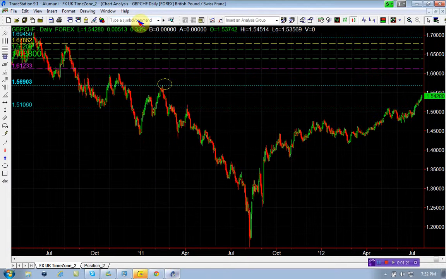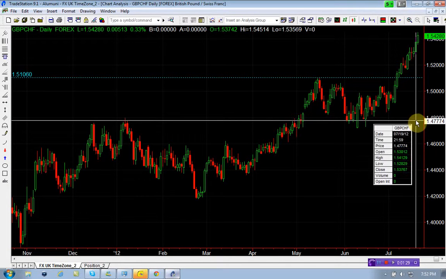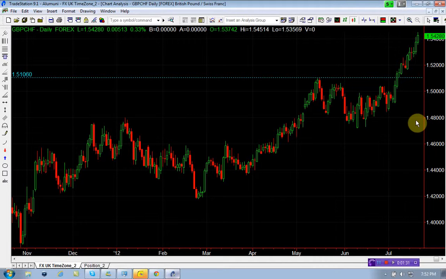So right now, again, it's a decent close. It's not a big range day. It closed above the previous daily high. So everything is looking for continuation to the upside.